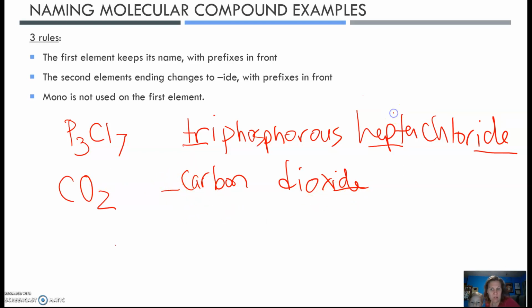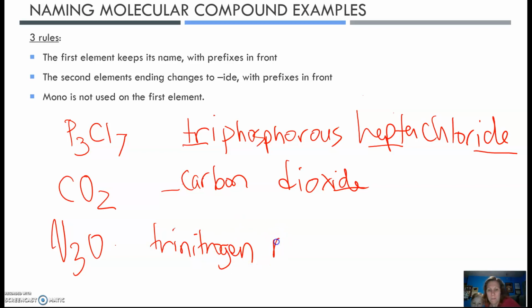No mono, not used on the first element, but only the first element. So if I have N3O, that is trinitrogen monoxide. It's not monooxide, it's monoxide. I hope we don't need any more examples than that because I'm out of room.